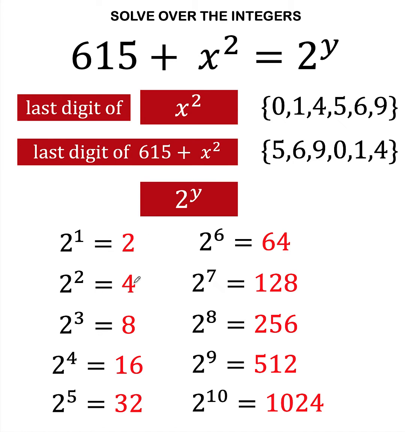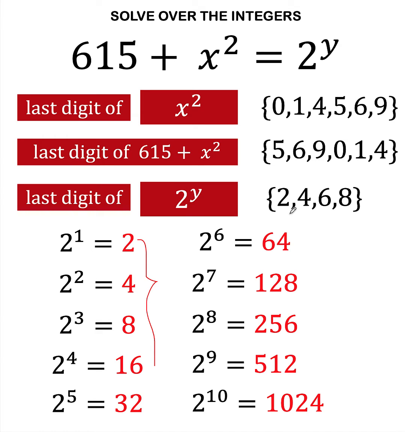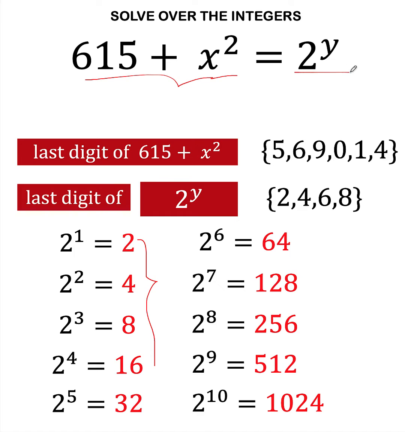You have 2, 4, 8, 6 for the last digits, then the pattern repeats: 2, 4, 8, 6, 2, 4, 8, 6. So only 4 digits appear here. So the last digits of 2 raised to y could be any of these: 2, 4, 6, 8.